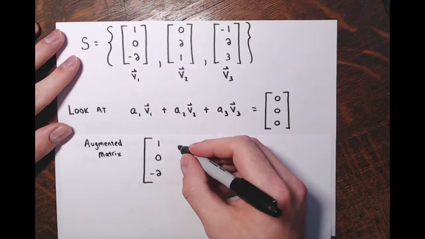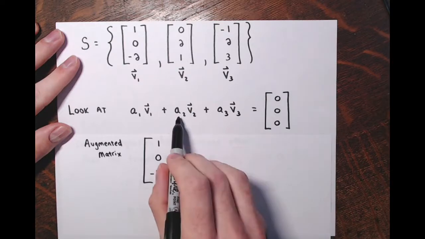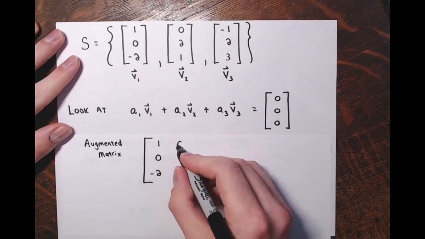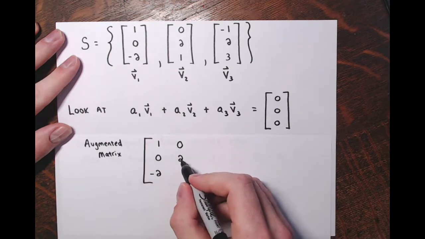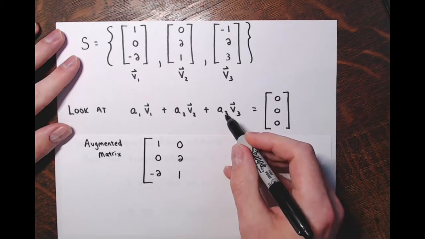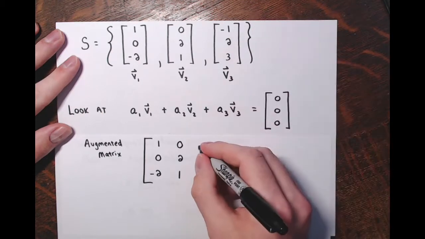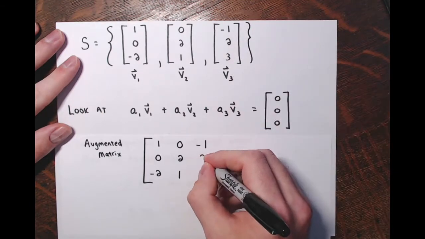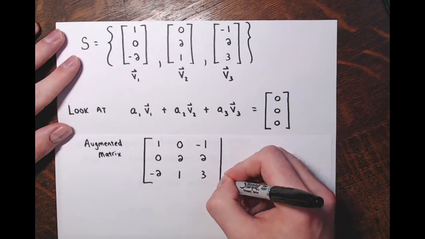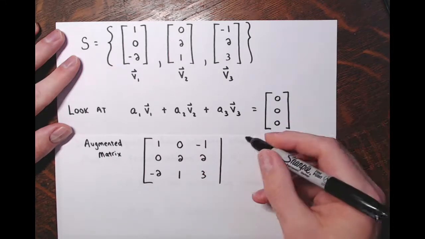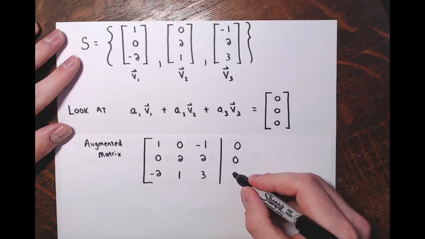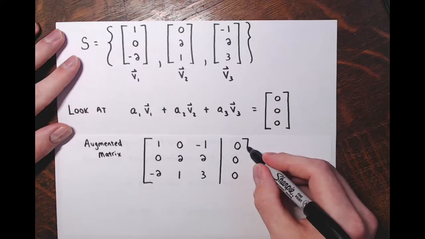Down the second column will be the coefficients of a2, which are just the components of vector v2, so 0, 2, 1. Down the third column, the coefficients of a3, which are just the components of vector v3. Then the equal sign, the bar, and then on the other side just a bunch of zeros. It's a homogeneous system. You get the 0 vector on the other side.